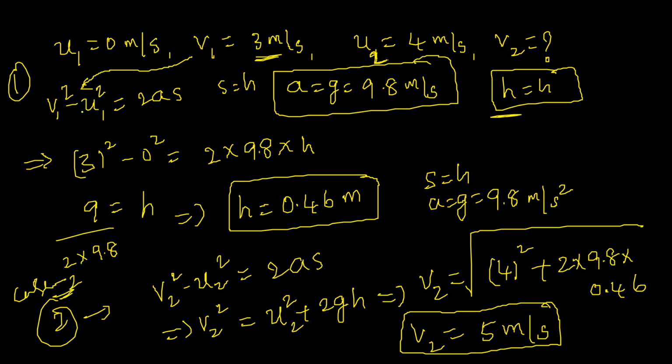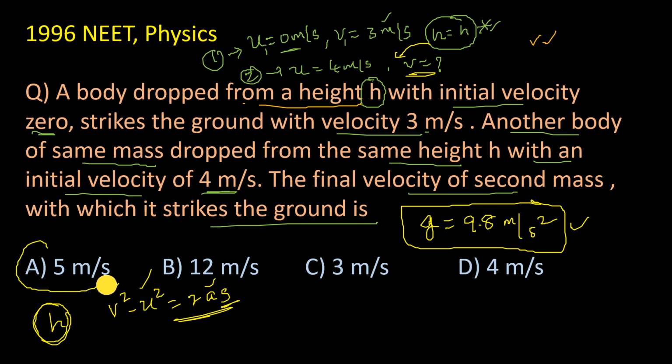We know the formula v square minus u square equal to 2as. From v1 square minus u1 square equal to 2gs we got the h value, and we substitute it in the second equation, v2 square minus u2 square equal to 2as. So v2 square equal to u2 square plus 2gh, that is 4 square plus 2 into 9.8 into 0.46. If you do this calculation, you will get 5 meters per second. So the answer is 5 meters per second.